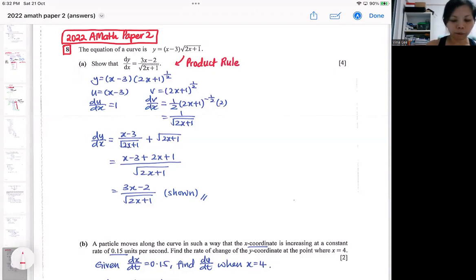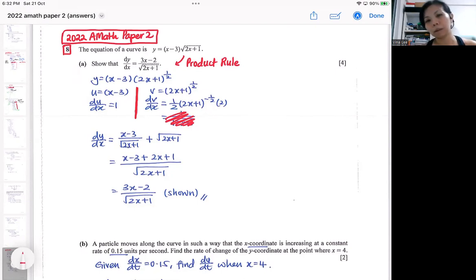So if you do your product rule, your mini differentiation, most of you will know how to combine it. But the problem with some of you when you're doing product rule is some students don't write this. They will just leave it in the negative power and then they simplify from there.